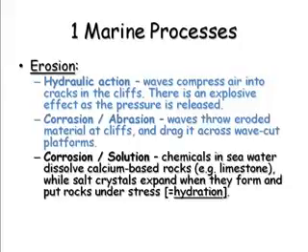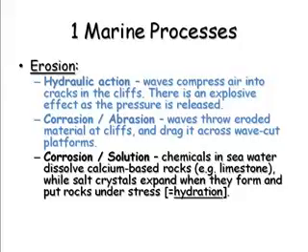Corrosion or solution, again two terms that are basically the same thing, can happen several different ways. You can have chemicals in seawater which dissolve certain types of rock, particularly ones that are calcium-based. Limestone would be a very good example of this. You can also have certain types of rock that are porous, that is, they will absorb water.